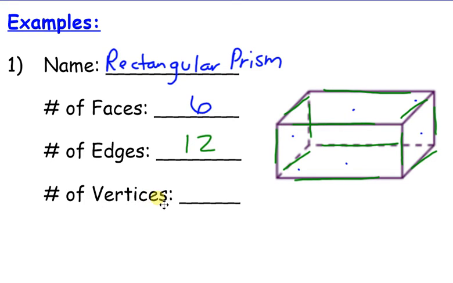And how many vertices or vertexes does it have? 1, 2, 3, 4, 5, 6, 7, 8. So it has 8 vertexes. Remember, a vertex is where two or more edges come together to form a point.